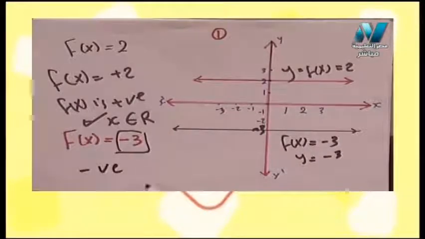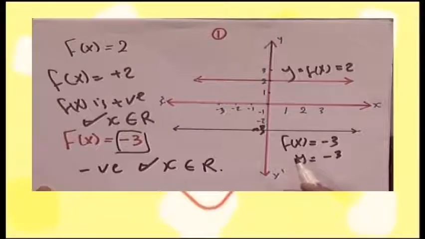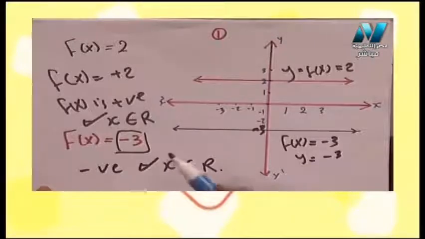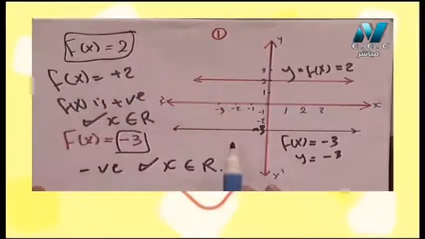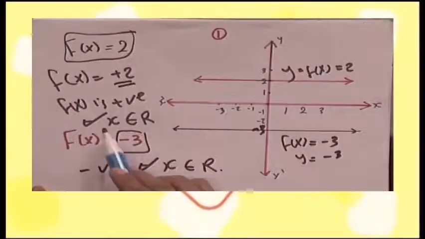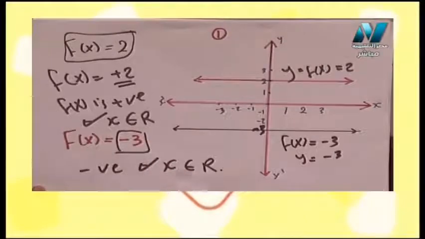The function is negative for all x belongs to R. So when you ask me what is the sign of this function, I tell you that it is positive for all x belongs to R. And if f(x) equals negative 3, it's constant, so it is negative for all x belongs to R.